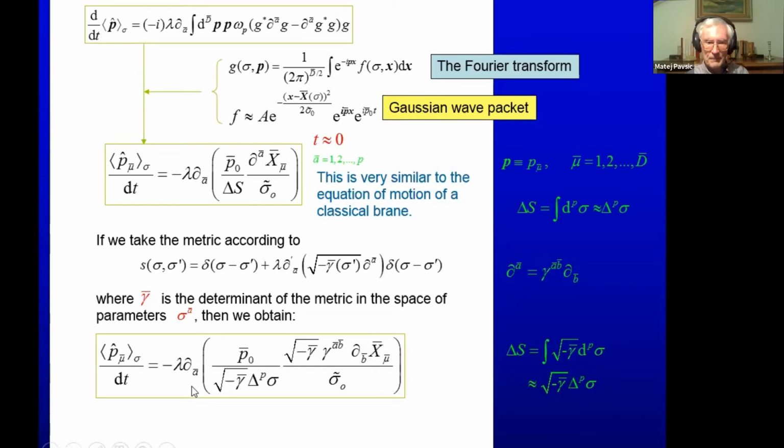And the consequence is that we have now here this equation, but of course this determinant now again cancels, but now instead of this delta S, we have delta sigma.